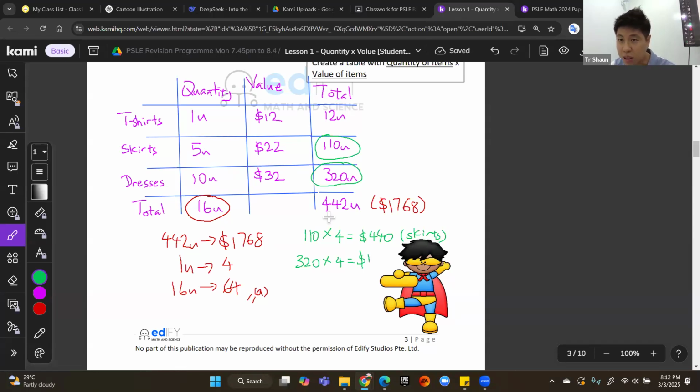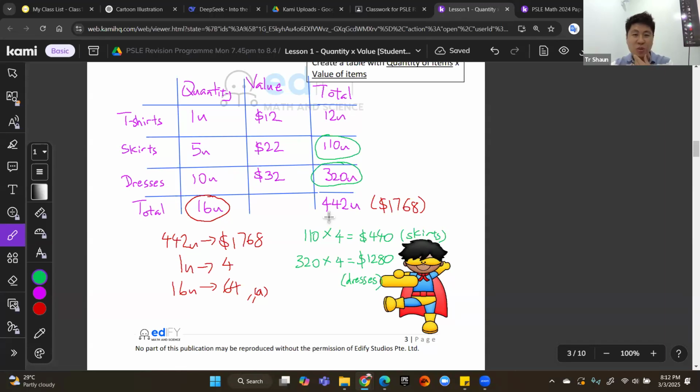Press the calculator: 1280. Please let me know if I calculate wrongly, I'm doing mental calculation. So this is the dresses.